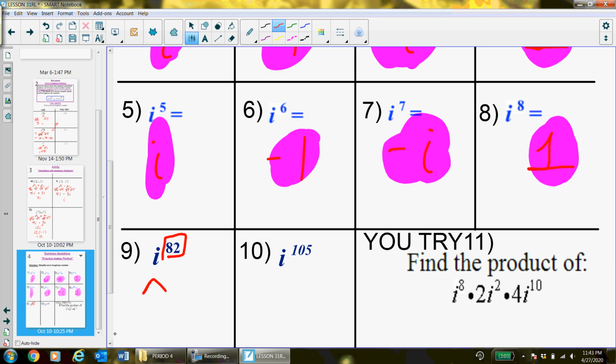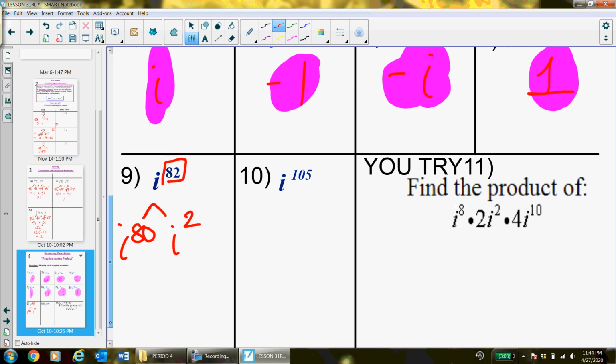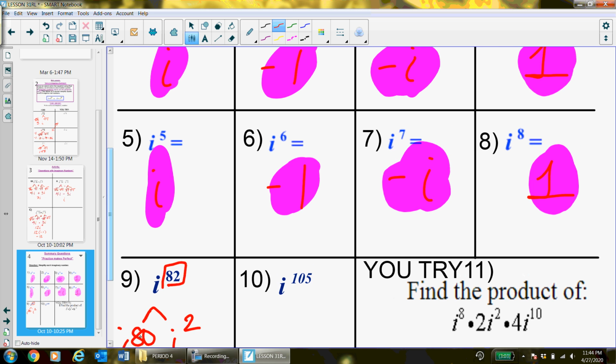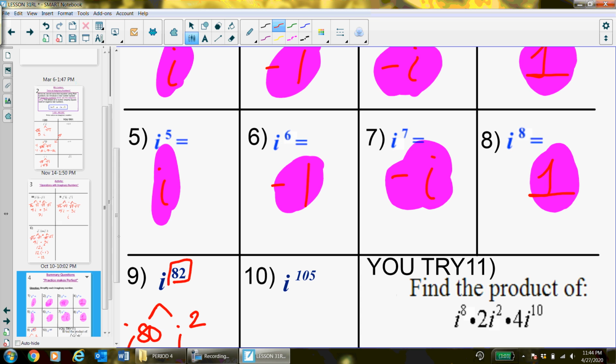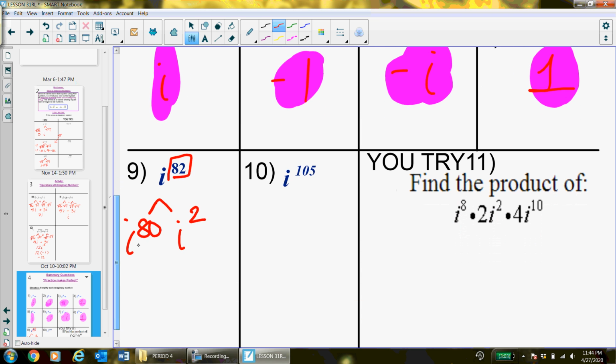So if I broke this down, i to the 80th power times i to the second power. 80 is divisible by 4, which means it's really just i to the 4th in this case. When you make the exponent divisible by 4, it becomes 1, because anything that's i to the 4th power is 1.